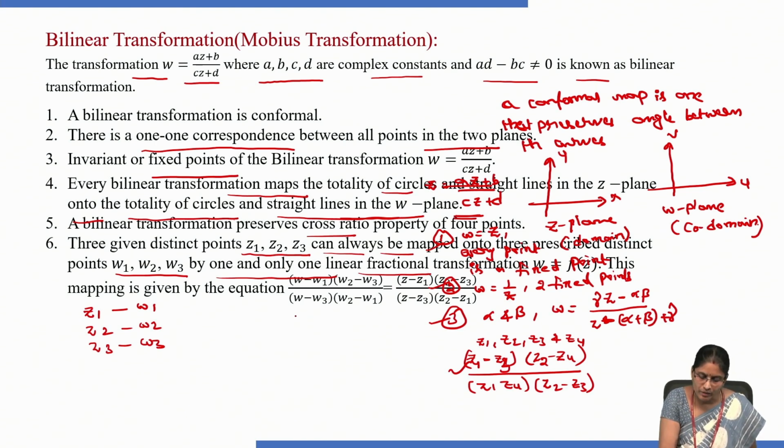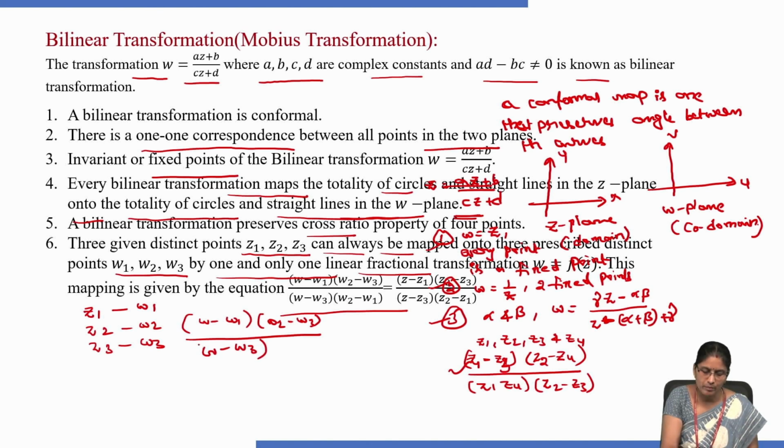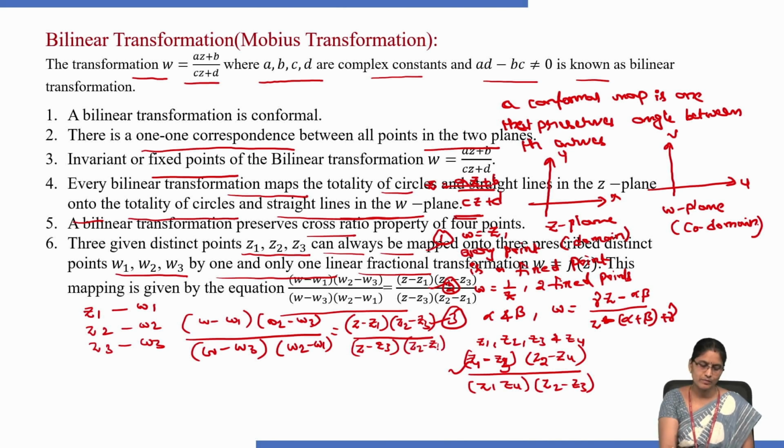This mapping is given by the equation W minus W1 into W2 minus W3 by W minus W3 into W2 minus W1 is equal to Z minus Z1, Z2 minus Z3 by Z minus Z3 into Z2 minus Z1.